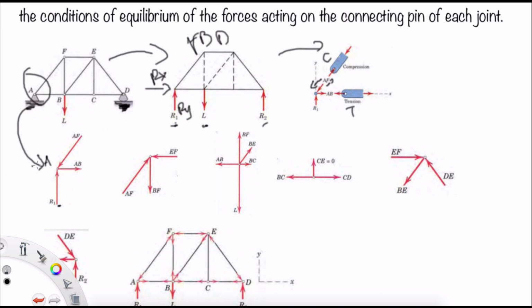So we start from A. At A, we will have the forces RX and RY. The RY here is up. And the AB will go to the right side, because the other is on the left side.